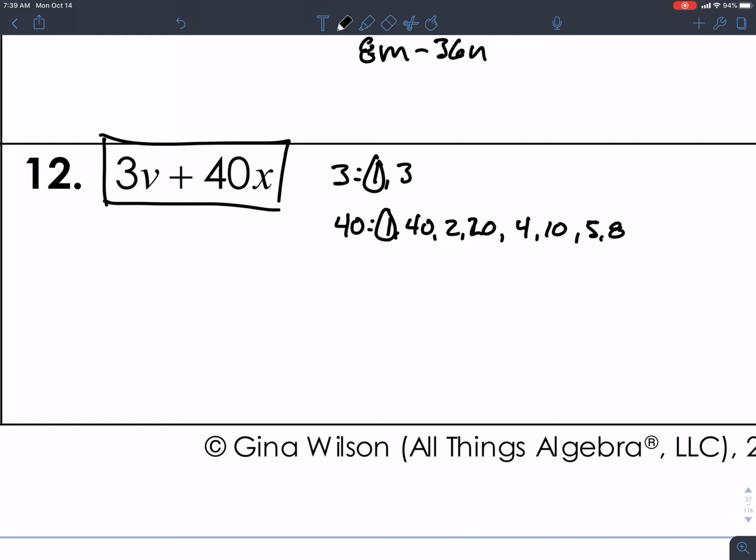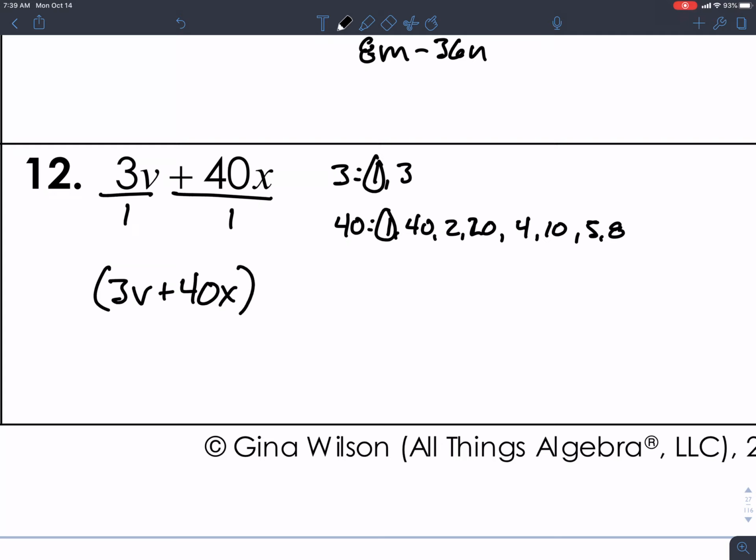It can't be factored. 1 doesn't do anything for me, because if I divide them by 1, let's just go ahead and do it. Divide by 1, divide by 1. 3v divided by 1 is 3v. 40 divided by 1 is 40x. Put that in parentheses, put a 1 out front. Does that really do anything for me? No, I haven't really factored anything, because anytime you multiply or divide by 1, it doesn't change your answer.